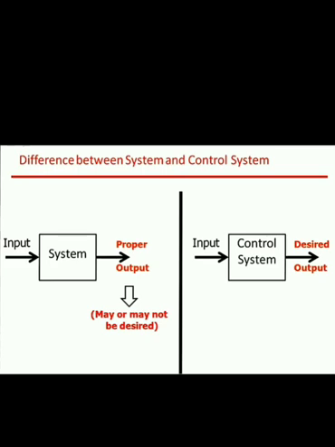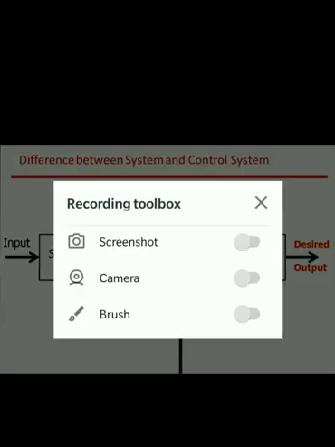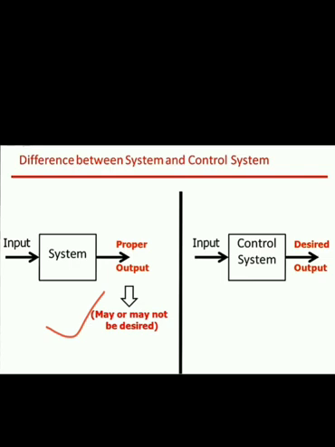In a system, we are having input and getting output, but that output may or may not be the desired value.